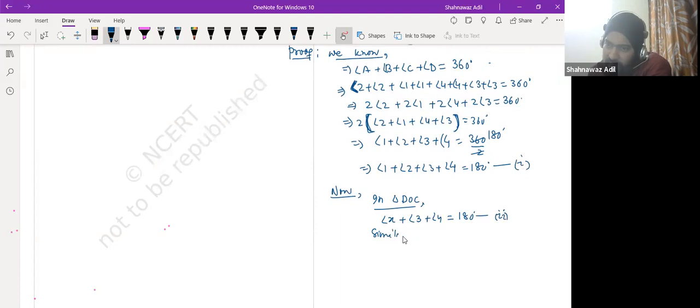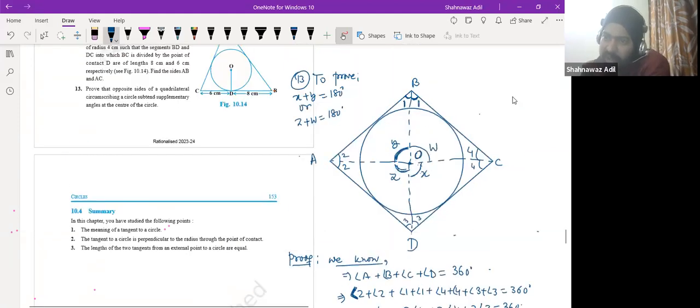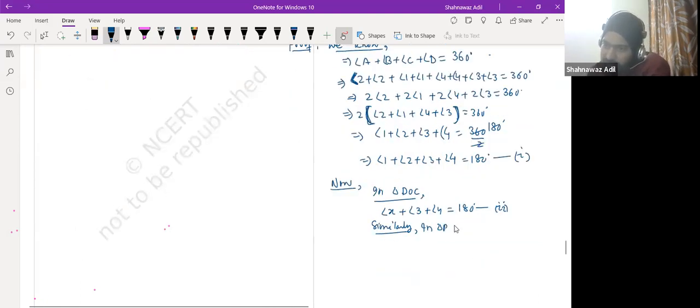Similarly, what do we have in triangle? We have to choose y, right? So in triangle B, what do we have? Angle y plus angle 1 plus angle 2. That is again 180. So let's say that this is the third one.